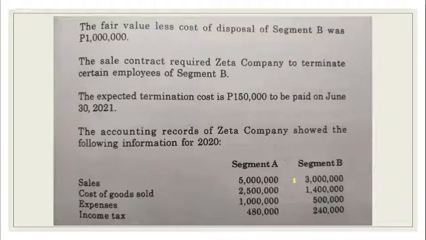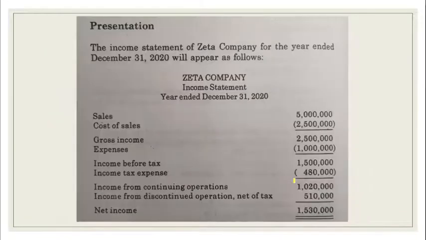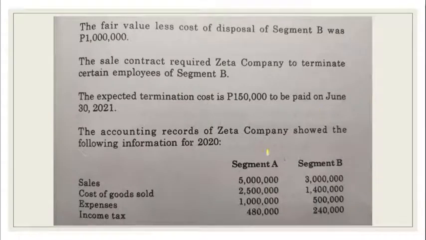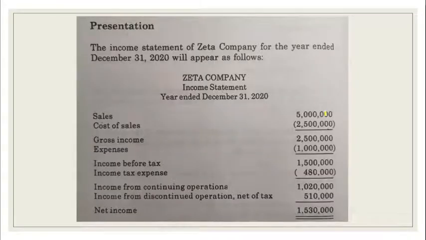Of course, these are income statement data. Here you have the sales, and what is included in the sales is segment A. That is sales of 5 million, less your segment A cost of sales of 2.5 million, less expenses of segment A of 1 million, and income tax of 480,000. So this data is of course for segment A.